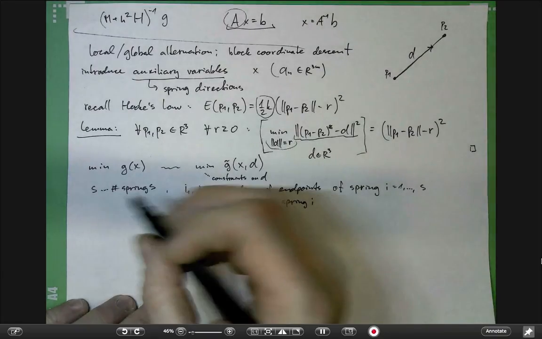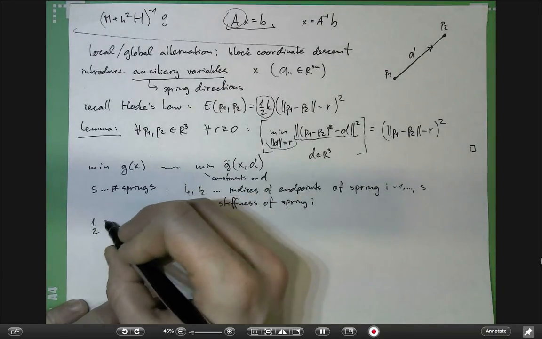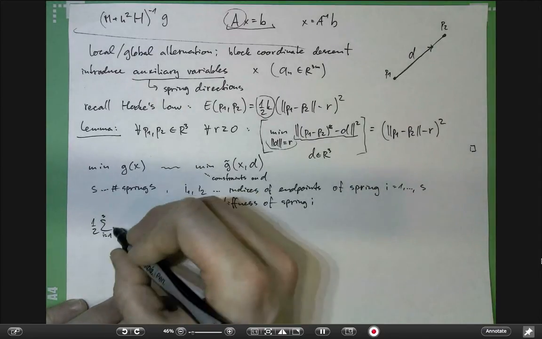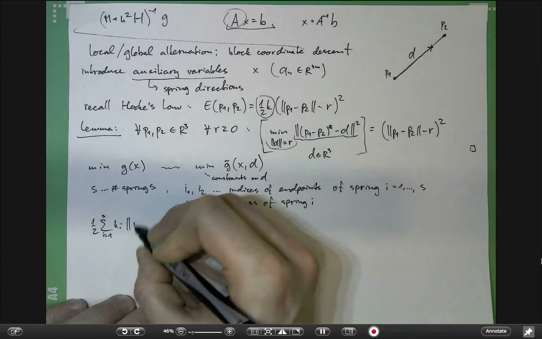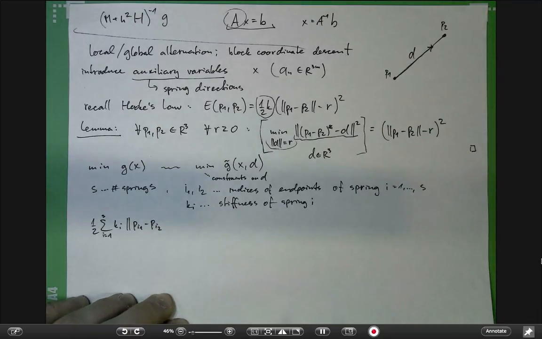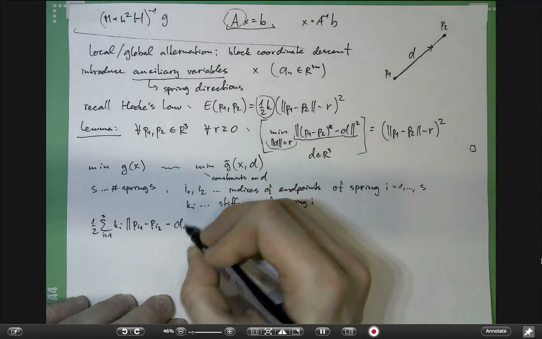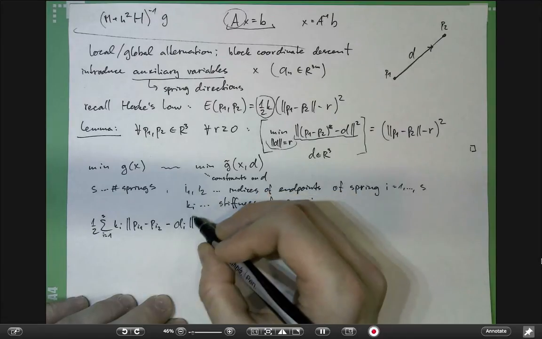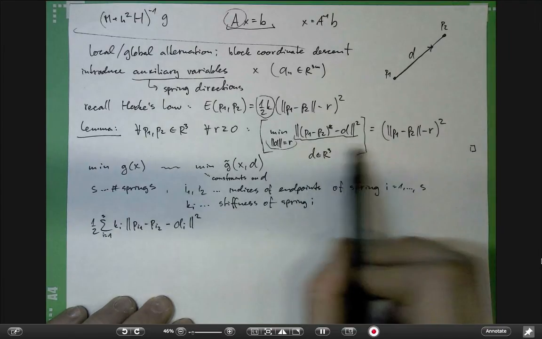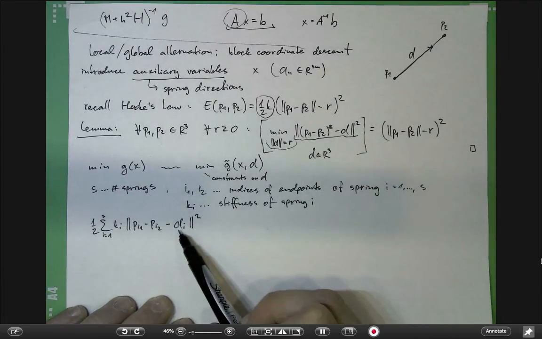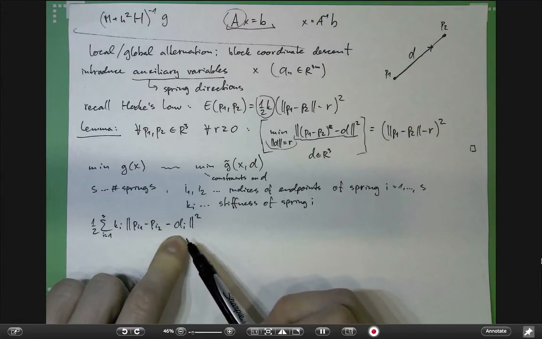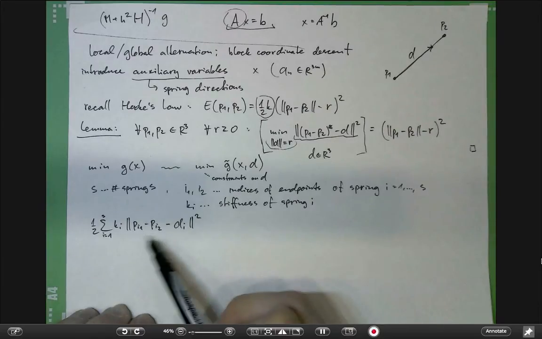So the potential here becomes this. After I multiply this back by the constant K, this becomes Ki times the norm of Pi1 minus Pi2, I will not even bother with the bracket here, minus Di, squared. So here I am using this formulation, using the auxiliary variable Di, that's the direction of spring number i, and those are just the endpoints of the spring.